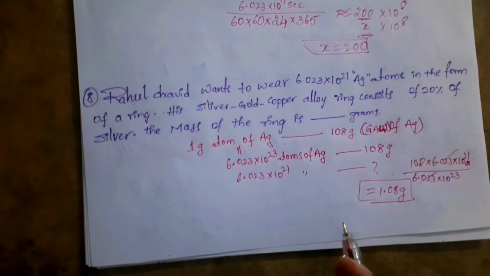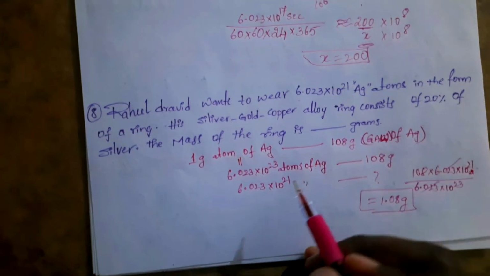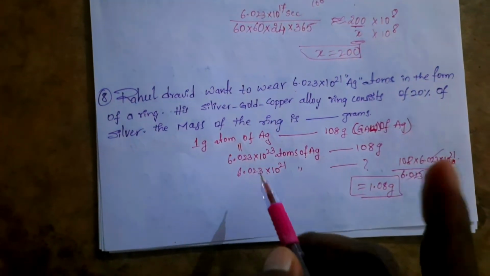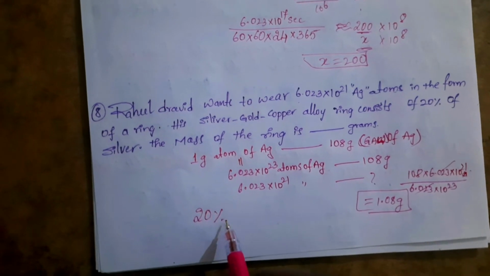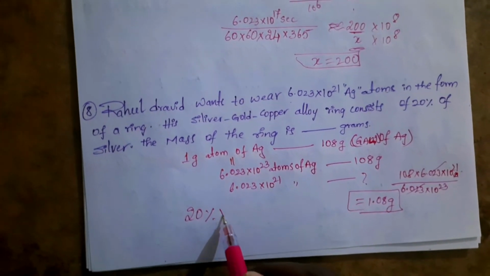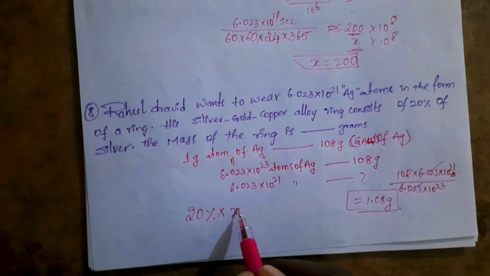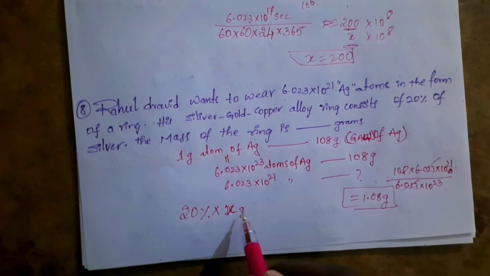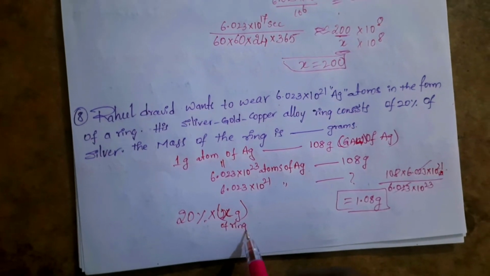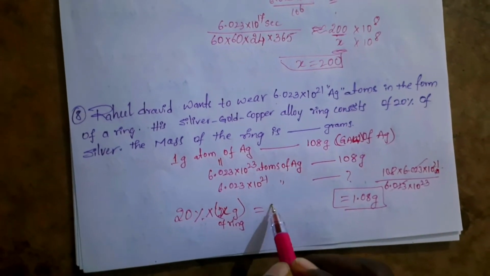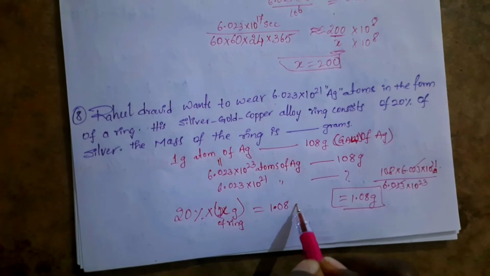Now what are they saying? The ring he is taking contains only 20% silver. The weight of the ring we don't know, say x grams of ring. The weight of silver here is 1.08 grams.